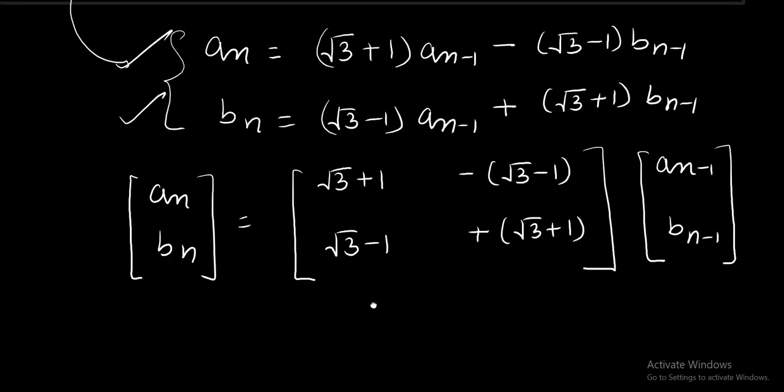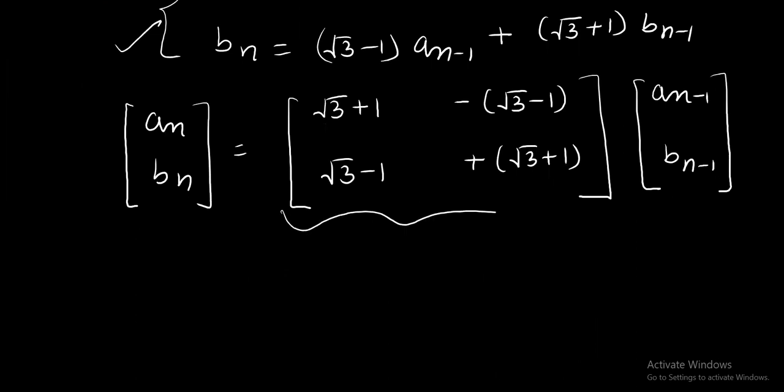When you look at the coefficient matrix, look at the coefficients that you have written over here. If I divide each of these entries by 2 root 2, then I will be able to represent these values in the form of some trigonometric ratio. So let us multiply and divide it by 2 root 2.